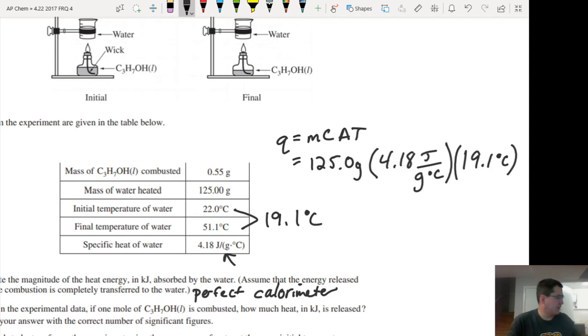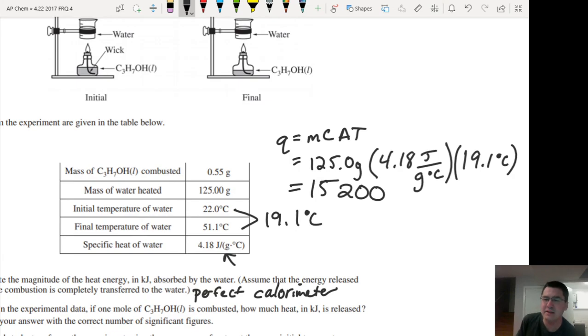Let me see if I can find it. I'm a little jumbled, I'll just look at the answer so that I can not calculate it. Okay, it comes out to 15,200. What's the units on the answer?